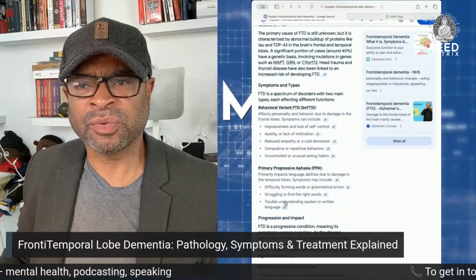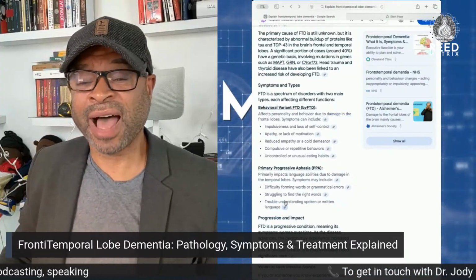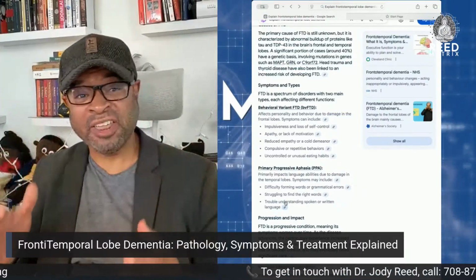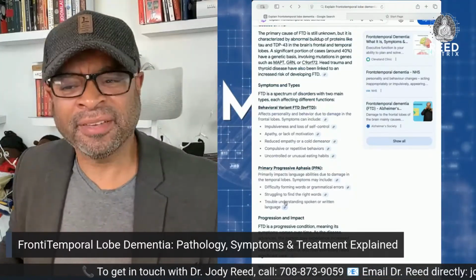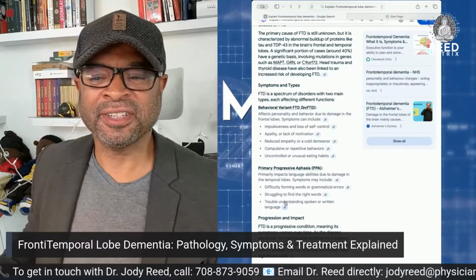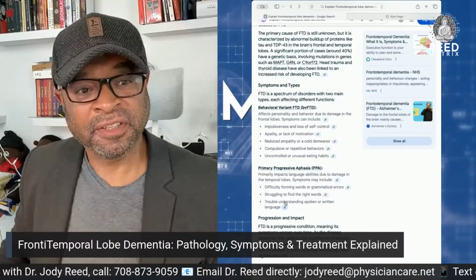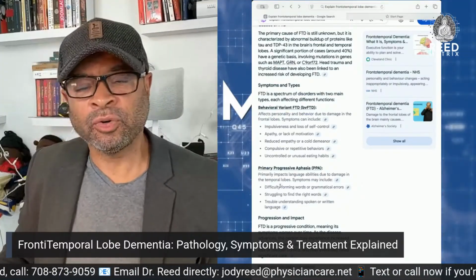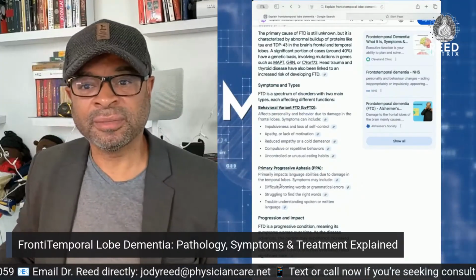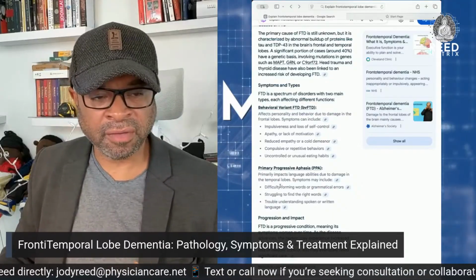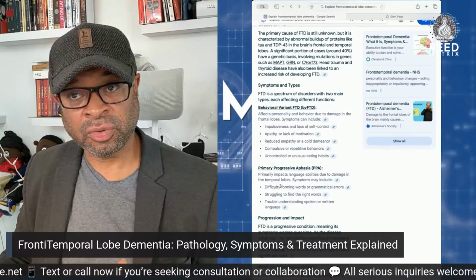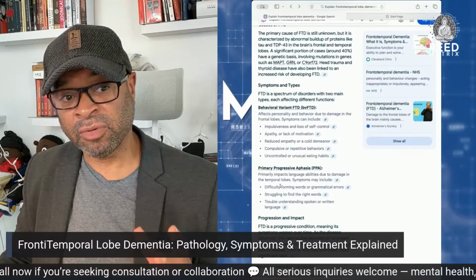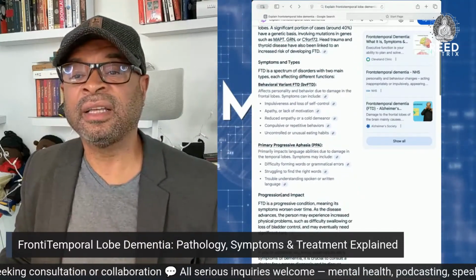Or they can present with a form of thought halting or thought blocking. How do you separate this from this? For primary progressive aphasia, there is still dysfunction in that temporal lobe. Remember the language centers. So the frontal areas for behavioral issues and executive functioning issues, the temporal areas for communication, agitation, and things like that.